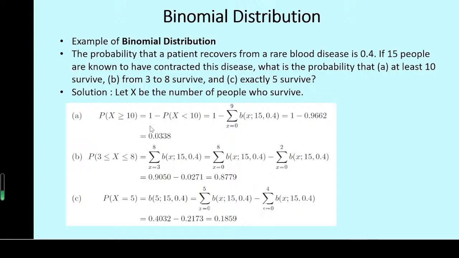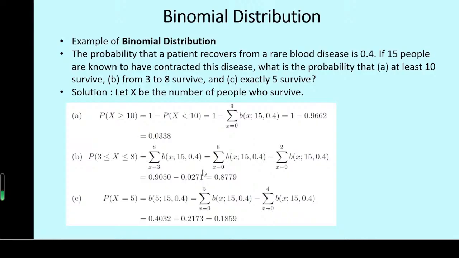So in this case, we just find P(x less than 10), then 1 minus this item, which equals 0.0338.